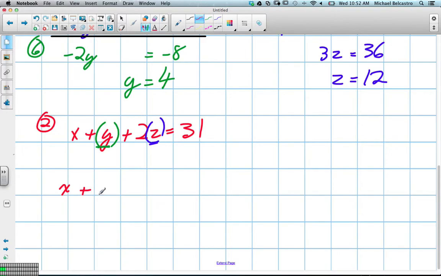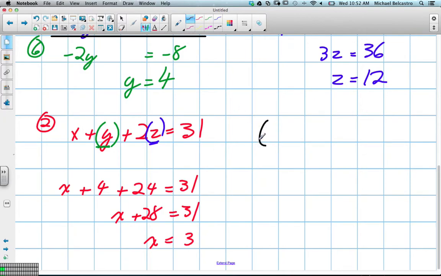X plus 4 plus 24 equals 31. X plus 28 equals 31. X is equal to 3. Is that right? That's right. So a solution that fulfills all three equations is x is 3, y is 4, and z is 12.